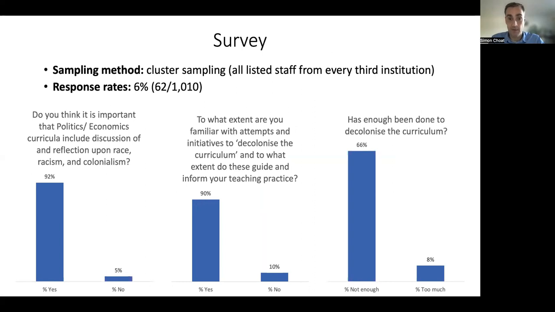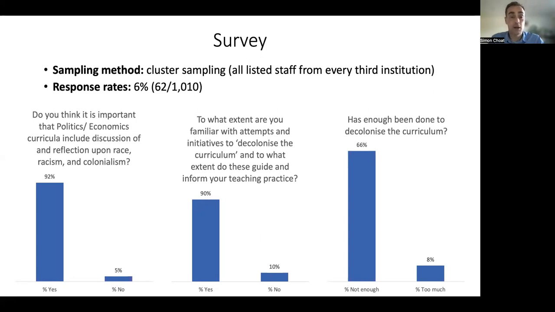I co-authored it, not with Manjeet, with some other people though. And as part of that project, we surveyed the views of politics teaching staff in the UK. The response rate, as you can see, was a bit disappointing. It was under 10%. Nonetheless, the results are still worth examining.